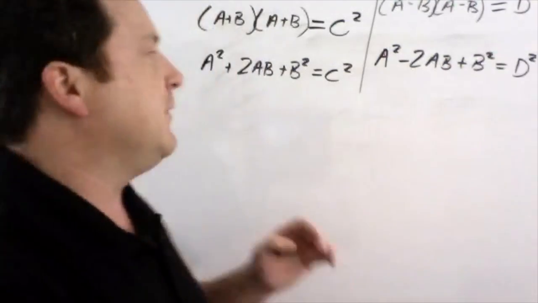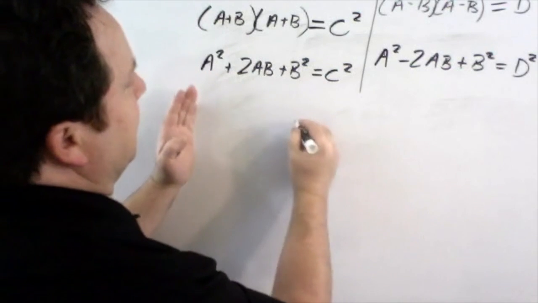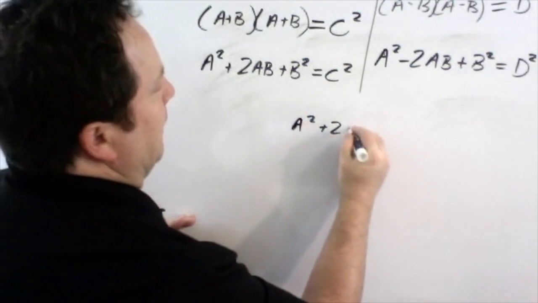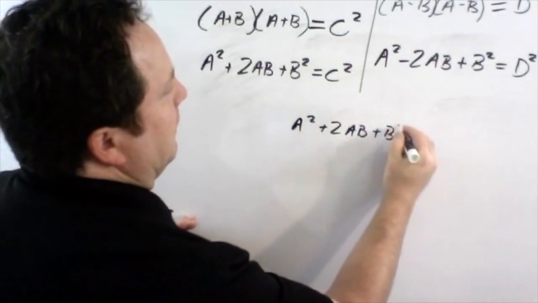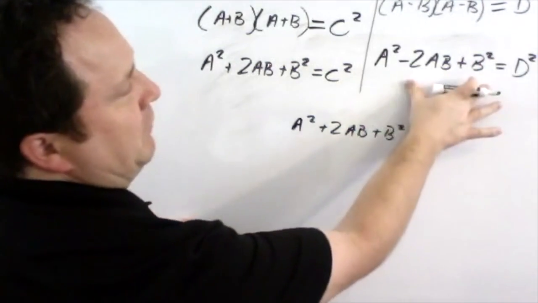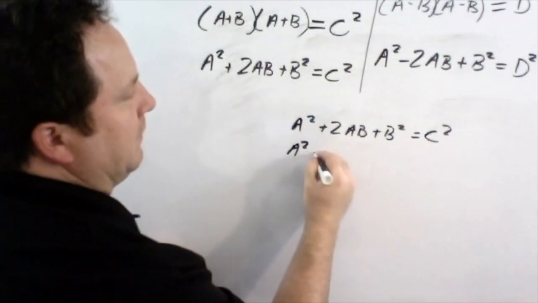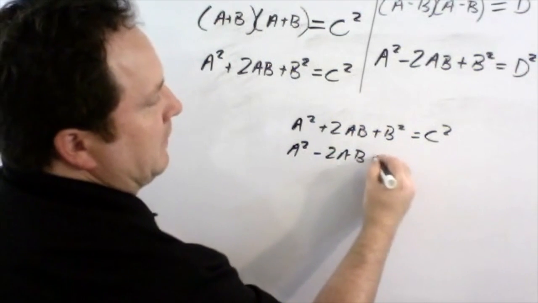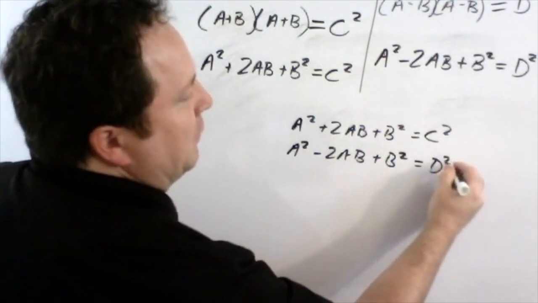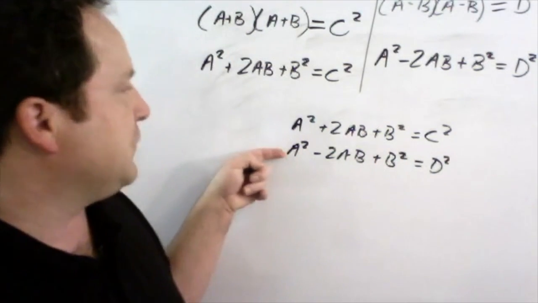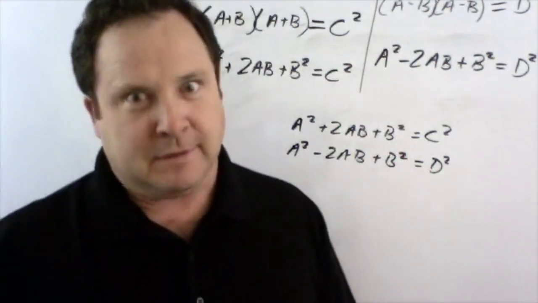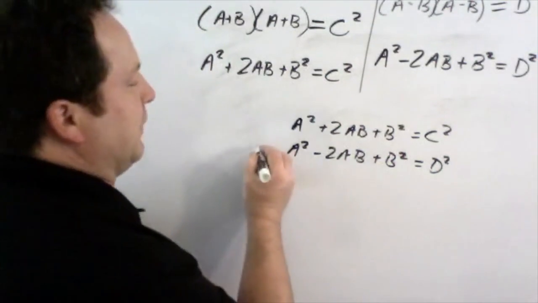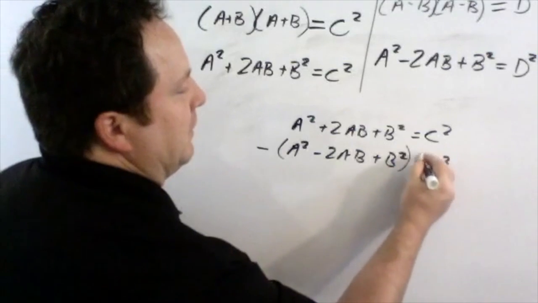So here's how we do it. We stack the equations. I'm going to take this equation and write it down. And then I'm going to put this one right below it. And then I'm going to subtract this equation from that equation. It's a tough step, but we're going to subtract this whole thing.